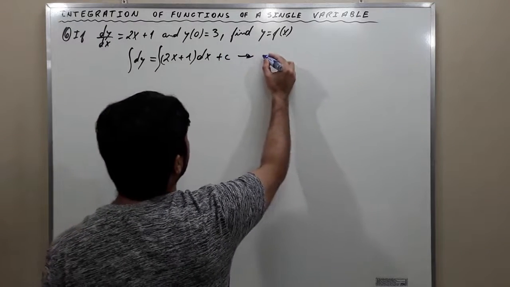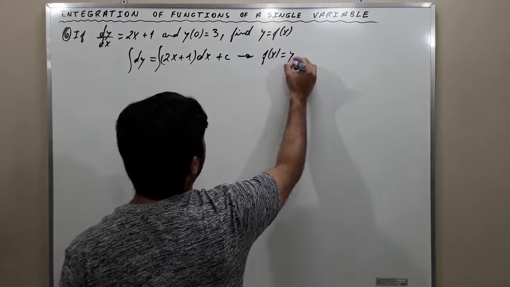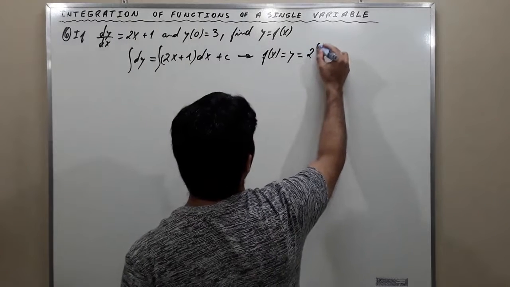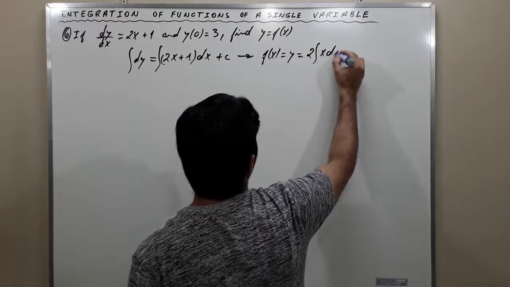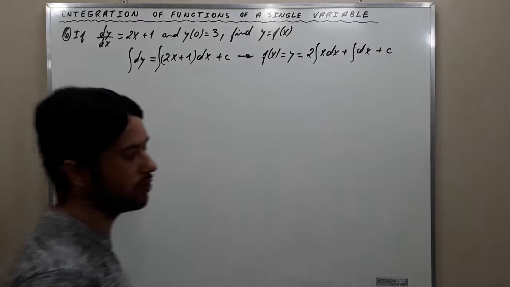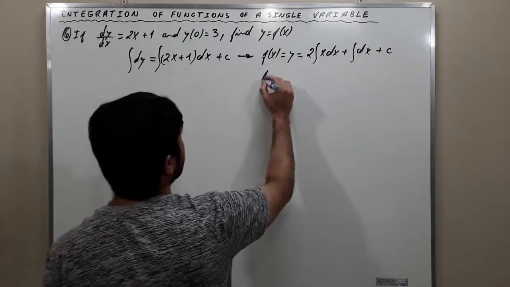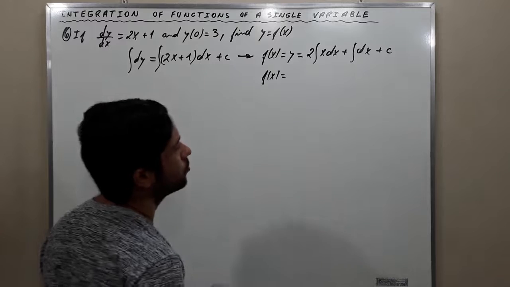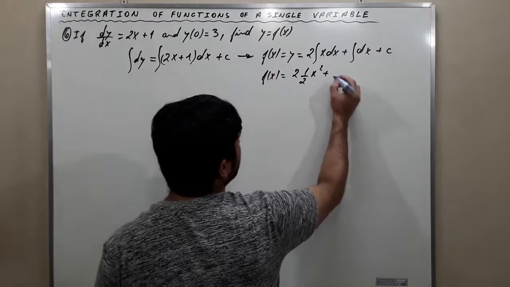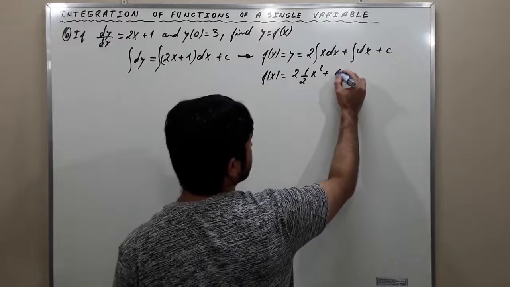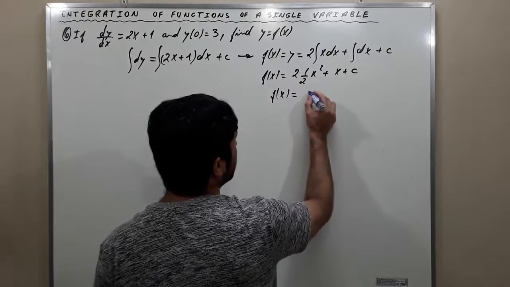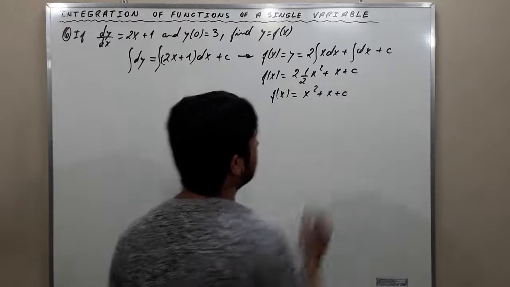Then f of x equal to y is going to be 2 times the integral of x dx plus the integral of dx plus a constant of integration. Then f of x is going to be equal to 2 times a half of x squared plus x plus c. And we can simplify further, and it becomes x squared plus x plus c.